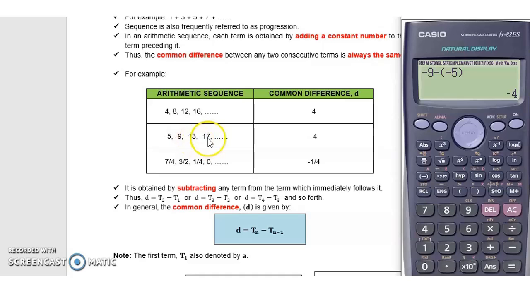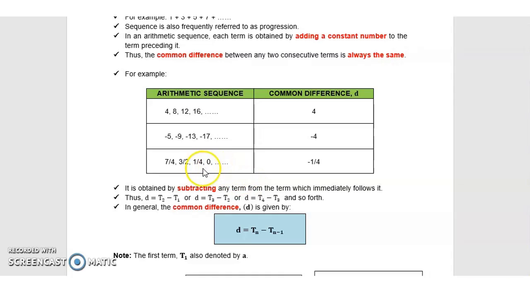You cannot do T4 minus T2. Negative 17 minus negative 13, also we get negative 4. Or T3 minus T2. So negative 13 minus negative 9, also negative 4.